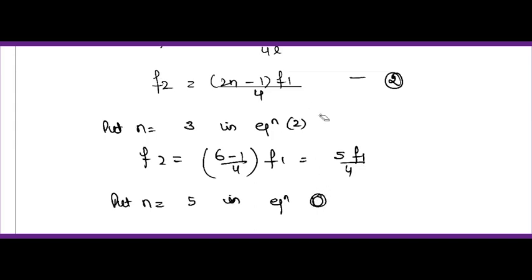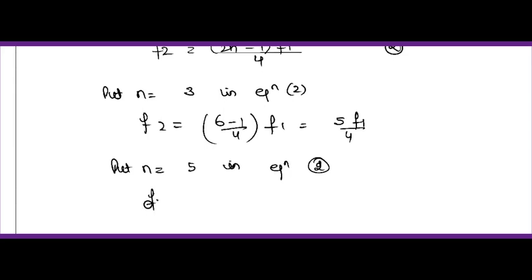We have to put the values only in the second for first and second harmonic here. So from this we get f2 is equal to 10 minus 1, 2 into 5 is 10, and this is 4, and this is f1. So this is 9 divided by 4 f1. So we get 2 results here.